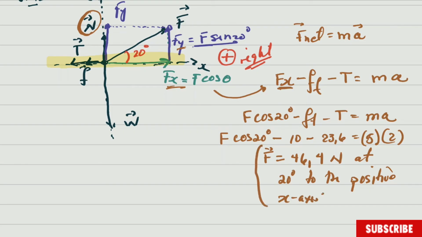Using the axis, that could be a way of writing the direction, but the direction must be there. Note the force is not to the right because I have an angle, guys. It has an angle, so it cannot be to the right.